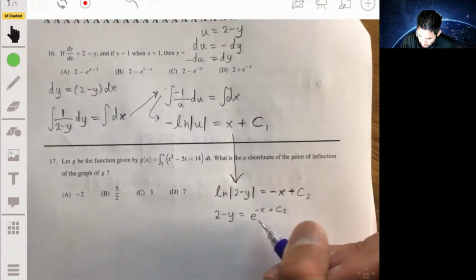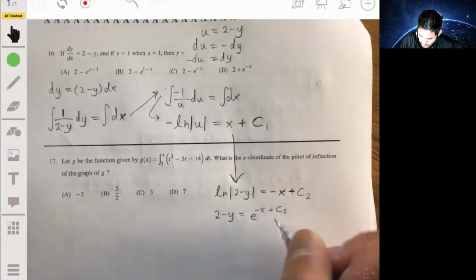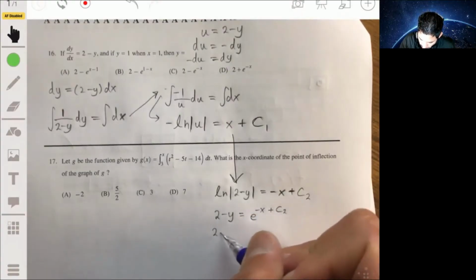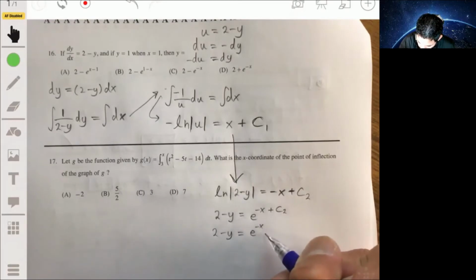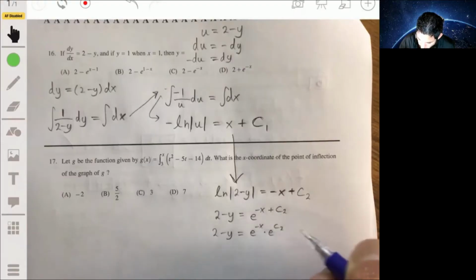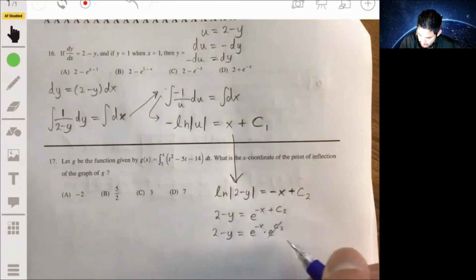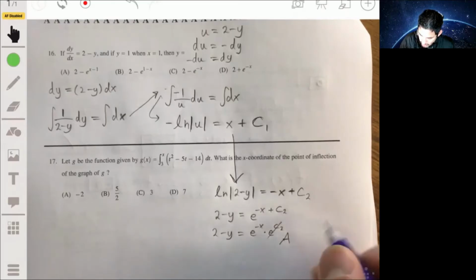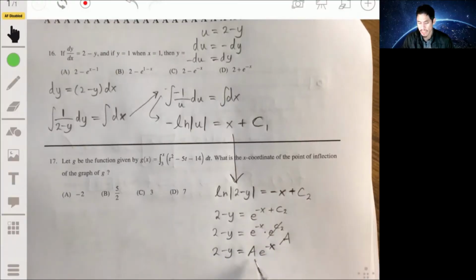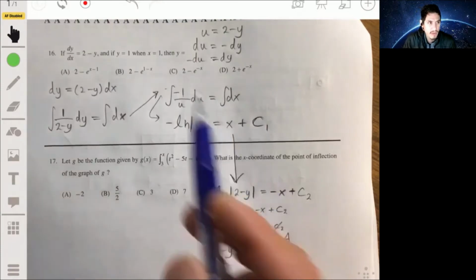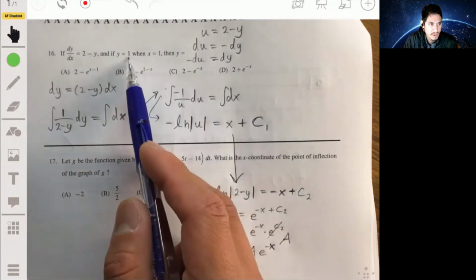Okay, so here now we just solved for our constant. Now this is going to be the same as e to the negative x times e to the c2, because you can just add the exponents. And e to the c2, we can just make it a. So this is just 2 minus y is equal to a times e to the negative x. And let's solve for that a. We're told that when x is 1, y is 1.